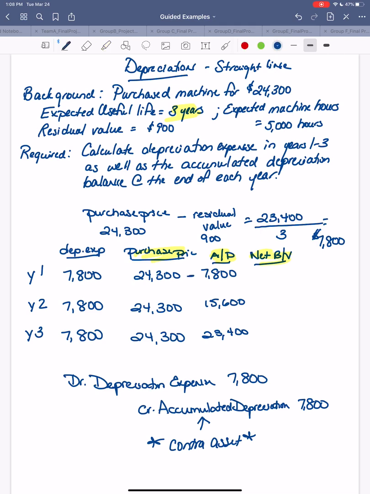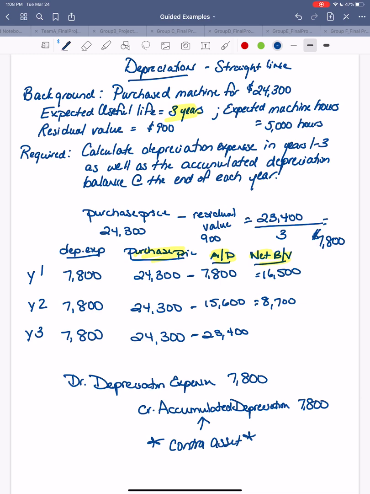Now, net book value on the balance sheet is always going to be that purchase price less the accumulated depreciation. That's what equals the net book value, right? So I'm going to put a little minus sign here. So our net book value after year 1 is the $24,300 less the $7,800, and I have a net book value equal to $16,500. The next year I take off another amount. I've increased my accumulated depreciation. Now my balance is $8,700.